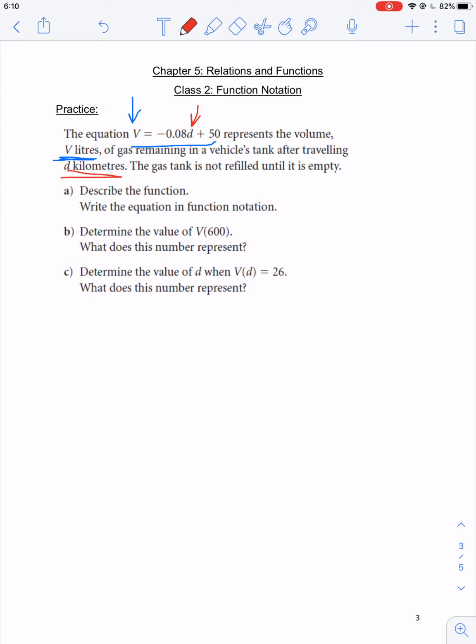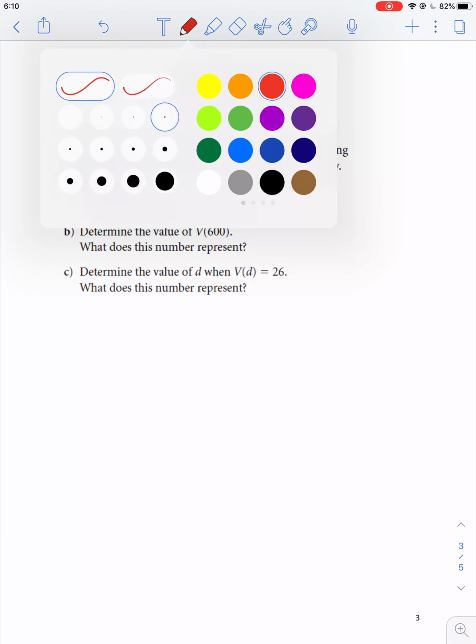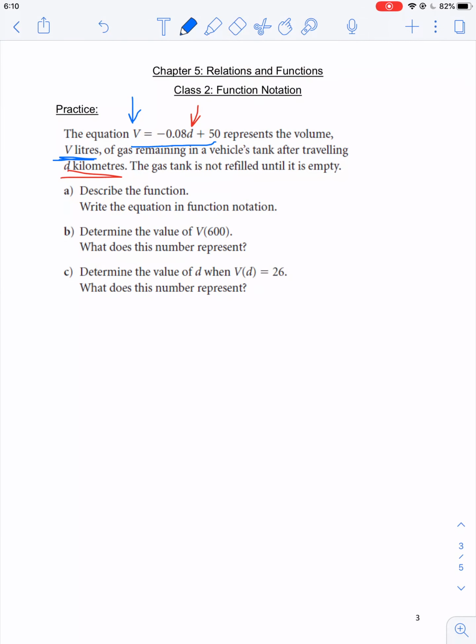Because again V is a function of D, in function notation, to answer the first question, write the equation in function notation, you're just going to say V of D is equal to the same thing, which is minus 0.08D plus 50.